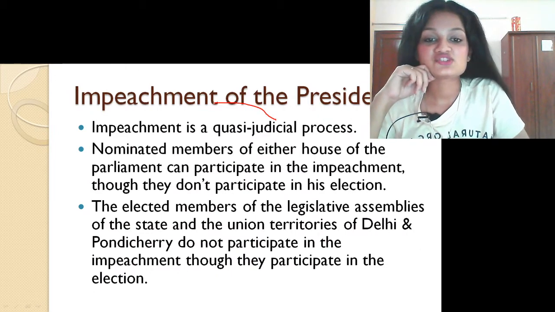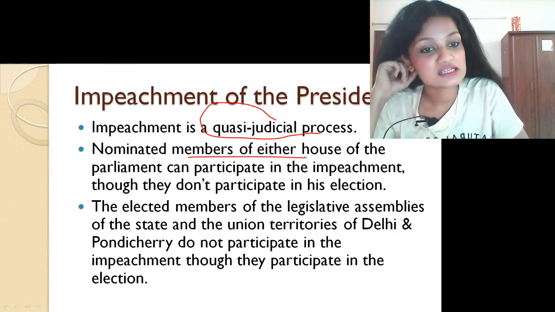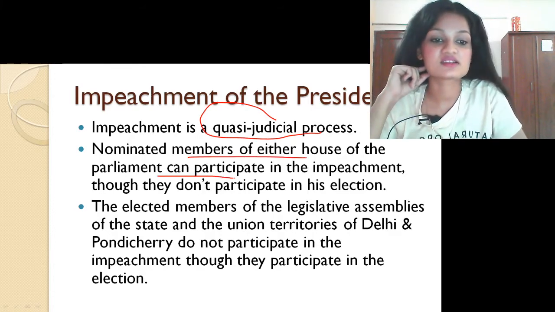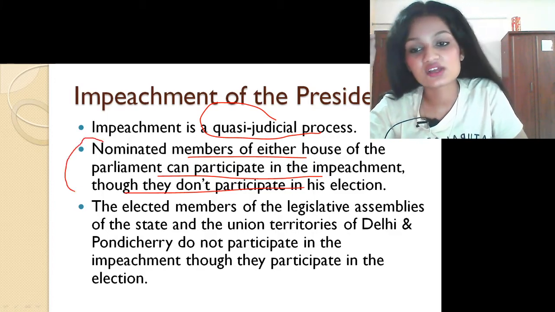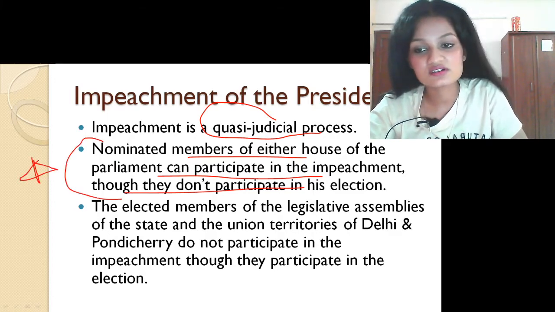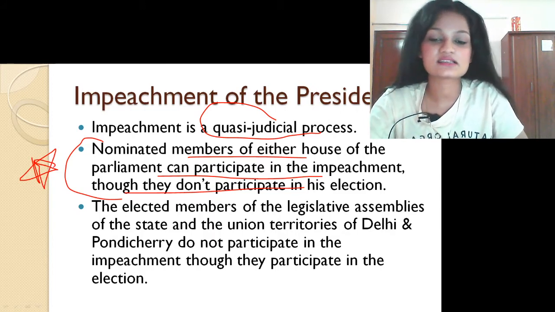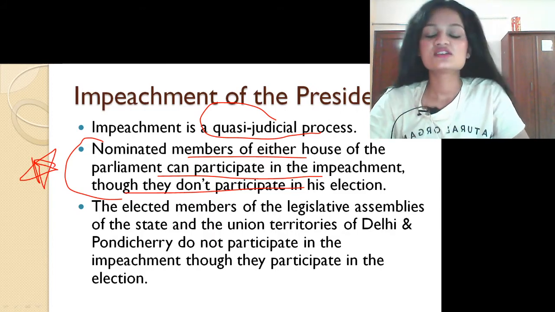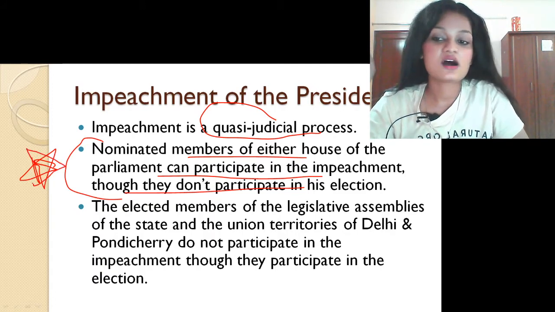So this impeachment is a quasi-judicial process. The nominated members of either house of the parliament can participate in the impeachment, though they don't participate in the election. Guys, this point is so important because it's asked every time, because it's an exception to a generic rule. When we discuss the electoral college of the president, we saw that all the members are elected.